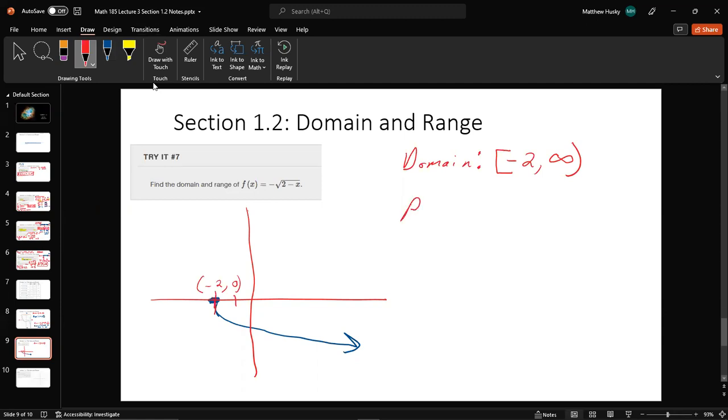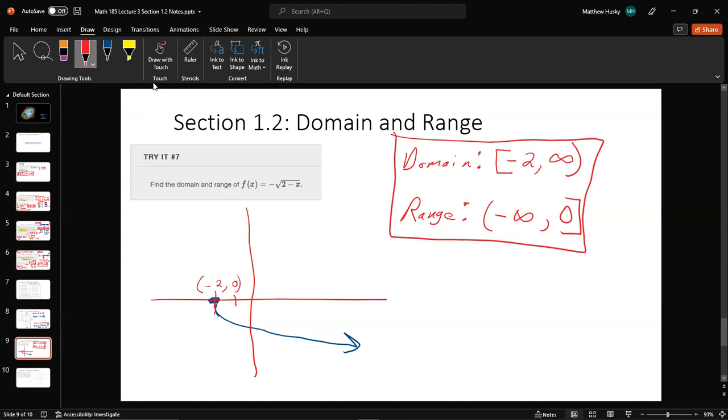For the range, this graph goes down forever and ever, so there's no limit to how low it can go. It can go as low as -infinity. The highest y value with this particular point is 0, so it goes up to 0 inclusive. That would be the domain and range of that graph.